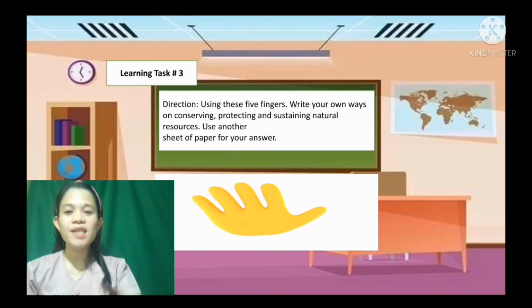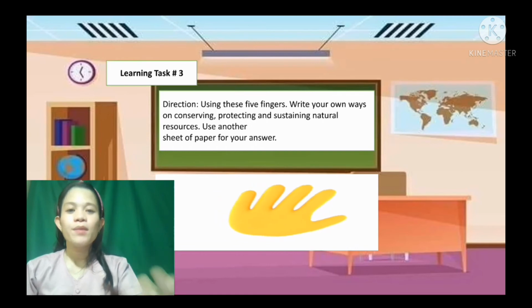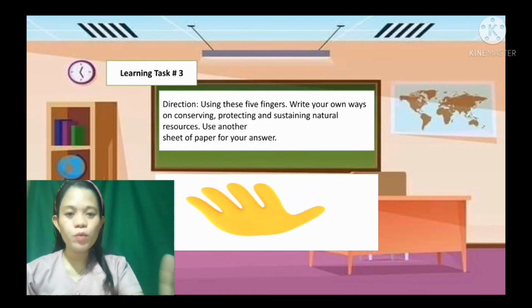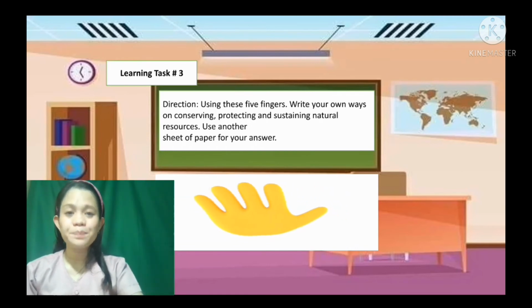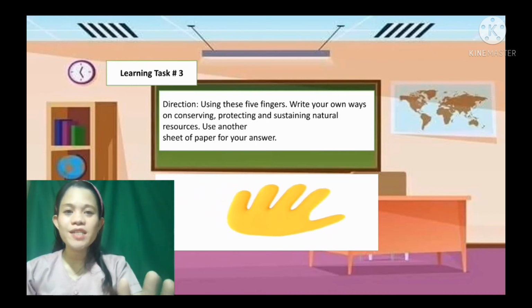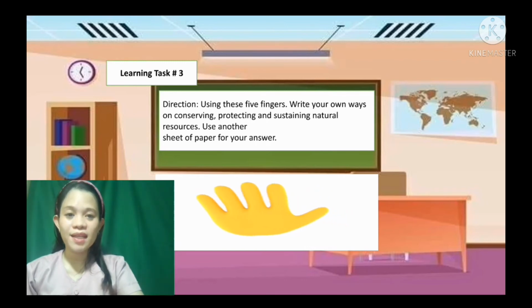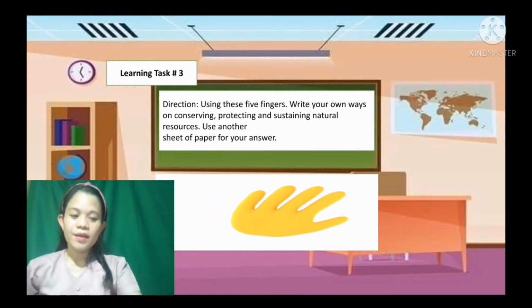And use another sheet of paper for your answer. Again, by using your 5 fingers, pwede po kayong mag-drawing. I-drawing ninyo yung palad ninyo or yung fingers ninyo sa papel. Okay, yun po yung gagamitin ninyo. Okay po. Okay, next.